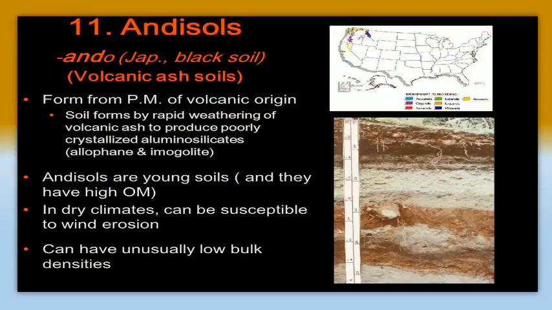Andisols are volcanic ash soils. They usually form by rapid weathering of volcanic ash to produce poorly crystallized aluminosilicates, or the allophane and imogolite. Andisols are young soils. In dry climates, they can be susceptible to wind erosion, and they can have unusually low bulk densities.